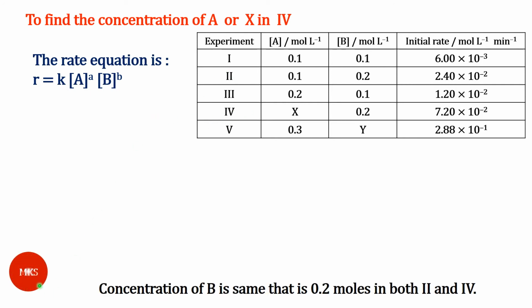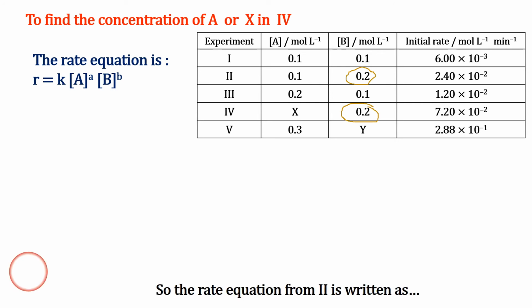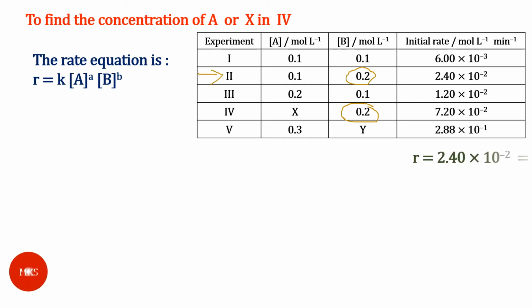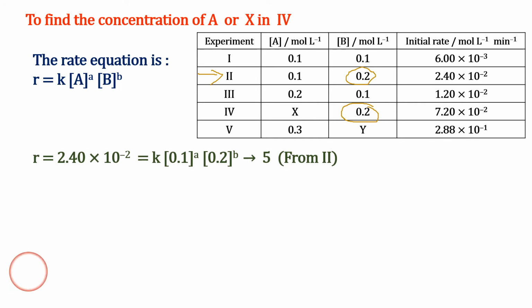The concentration of B is the same, that is 0.2 moles in both experiment number 2 and 4. So the rate equation based on experiment 2 is written as: the rate is 2.40 into 10 power minus 2, which is equal to K into 0.1, the concentration of A, to the power a.